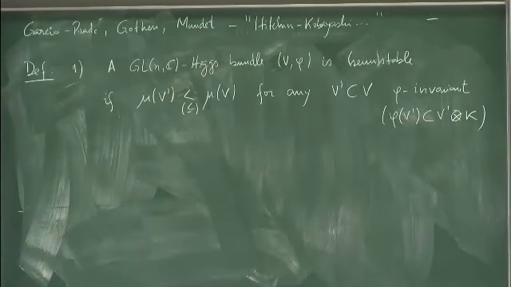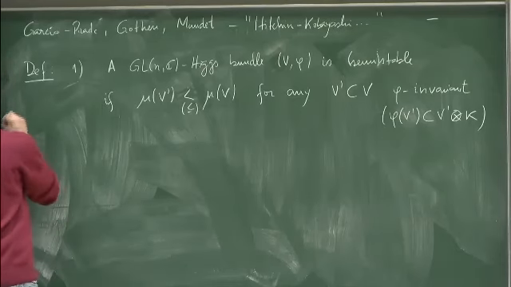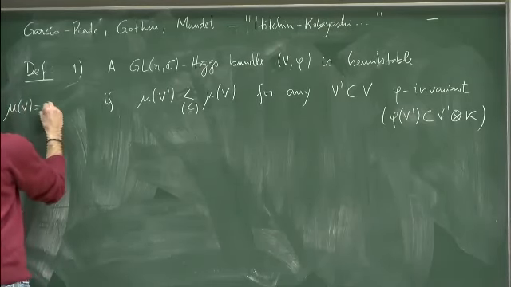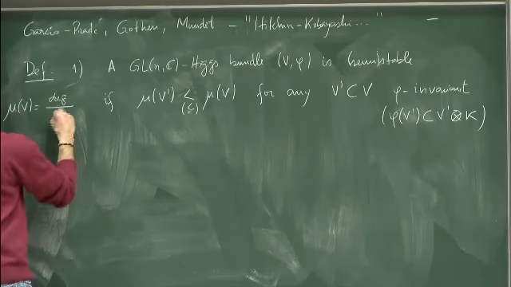So the slope is the degree over n in this case.